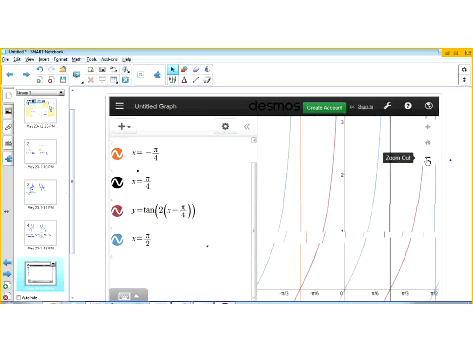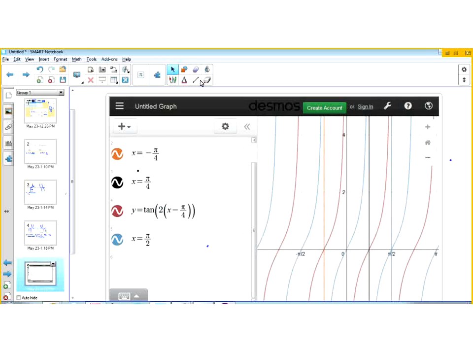As you can see, the red curve is asymptotic with pi halves right here and with the y-axis right here. So this would be one period of the function y equals tan of 2 times x minus pi fourths.